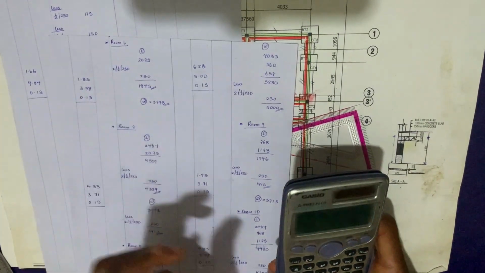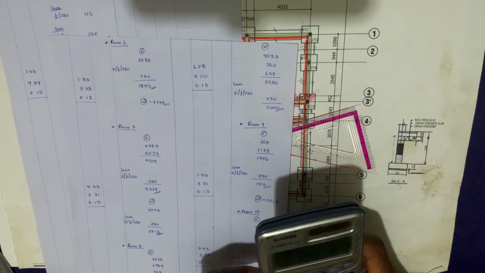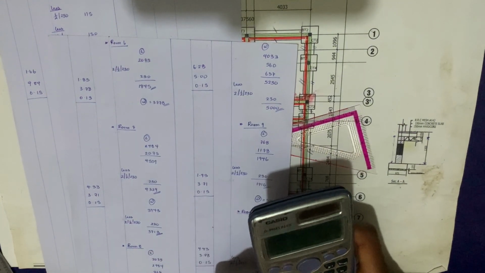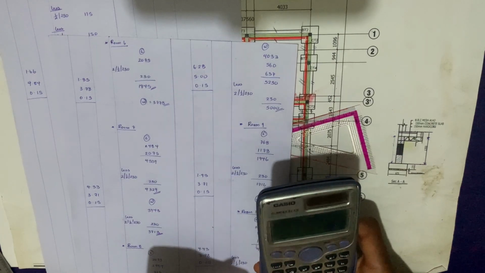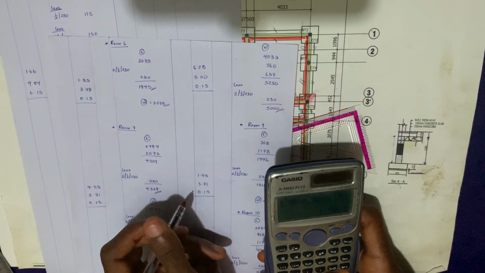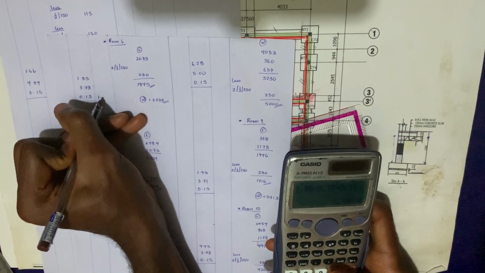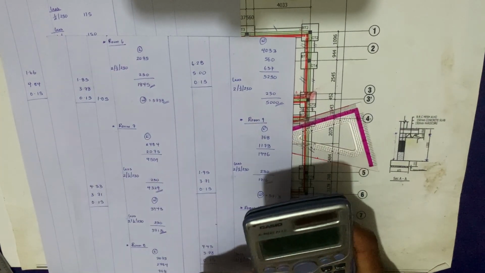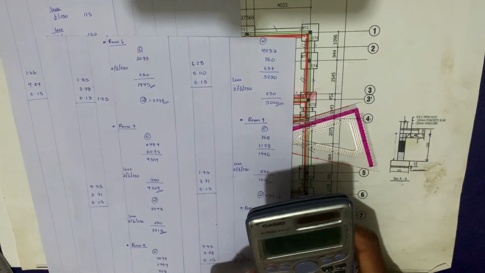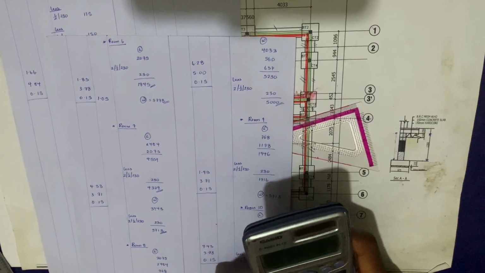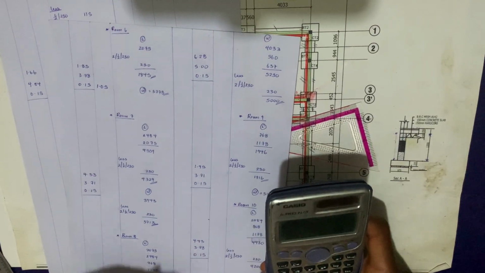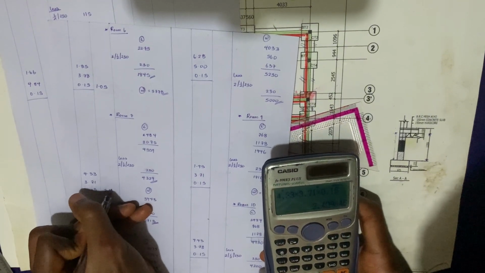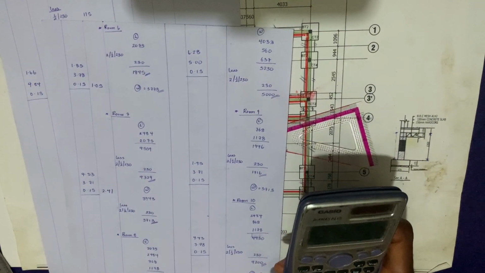For room 6, 1.85 times 3.78 times 0.15 is equal to 1.05. For room 7, 4.33 times 3.71 times 0.15 is equal to 2.409, which is 2.41.